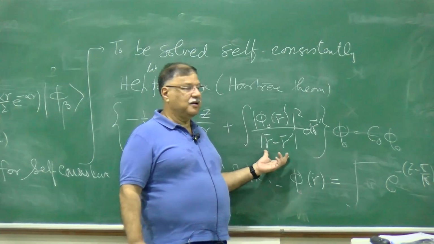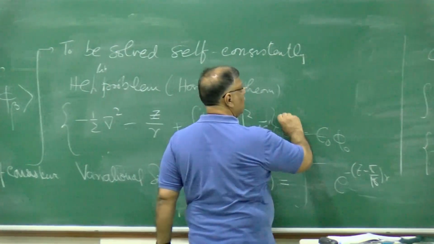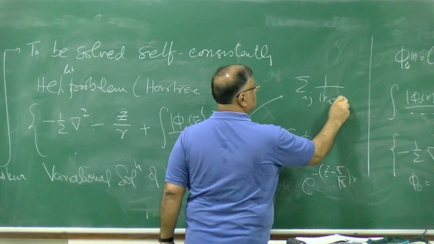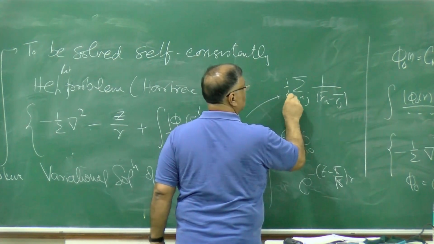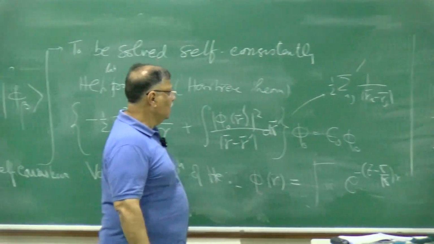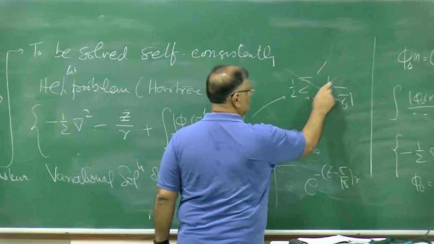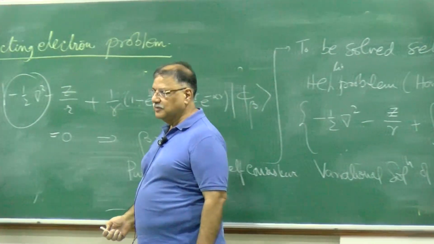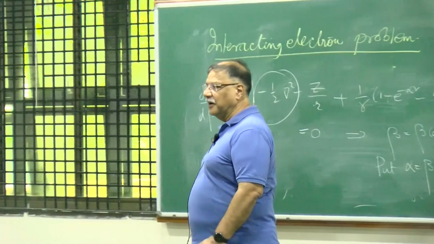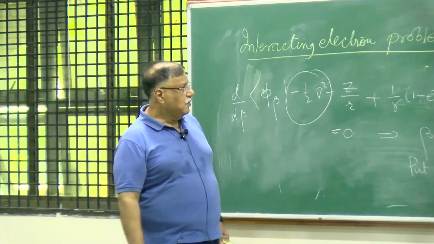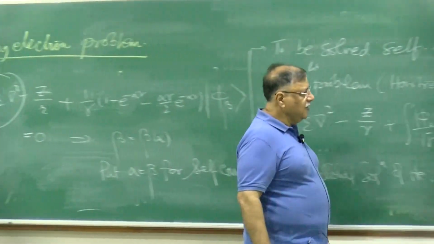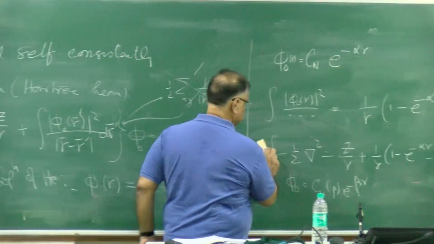I'm not writing that horrendous looking summation ij 1 over ri minus rj, 1/2 here. This has been replaced by this, which is simpler. I can at least think of writing some sort of single particle equation. I want to do more because I want to get rid of this. And that's where the earliest density-based theory comes.